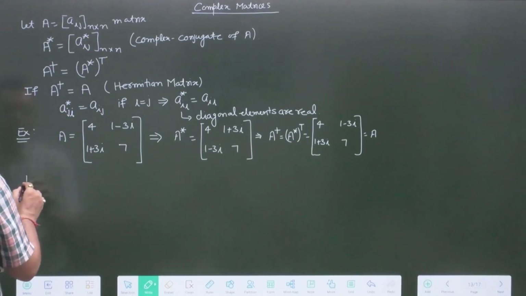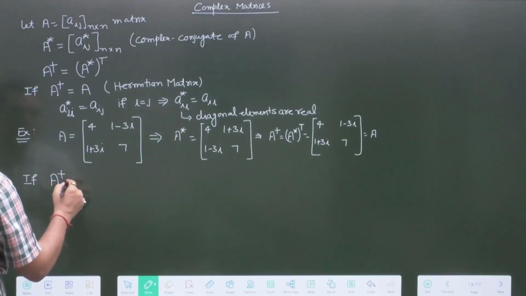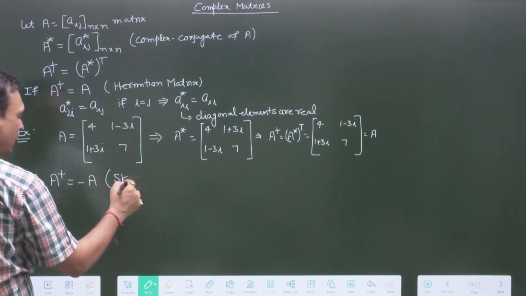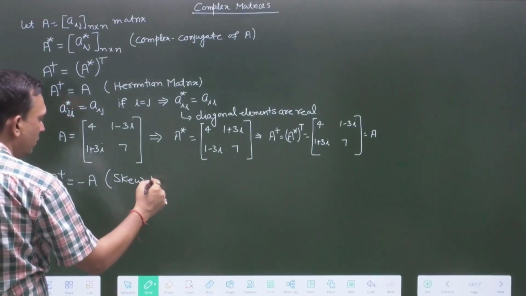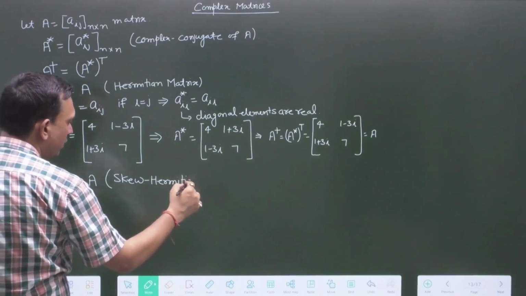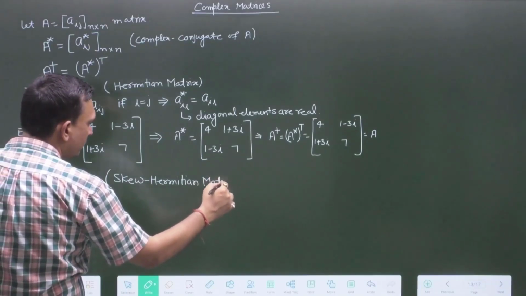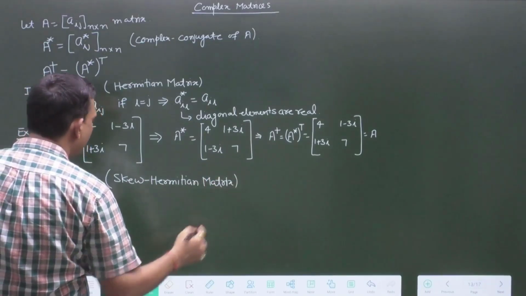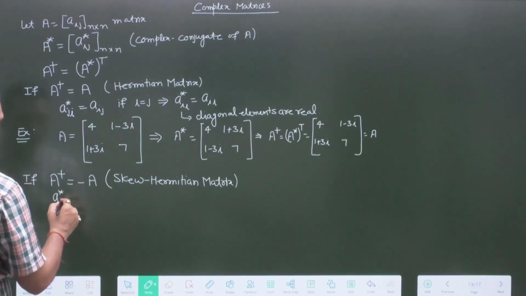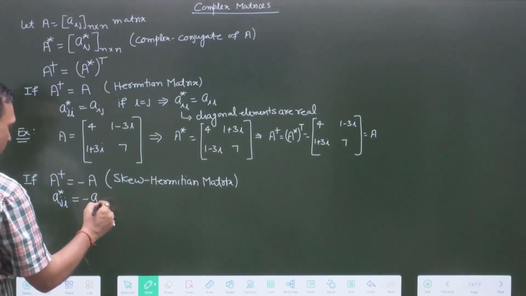Now, if A dagger is minus A, if this condition is satisfied, then it's a skew Hermitian matrix. In this case, you will get the conjugate of A_ji should be minus of A_ij.